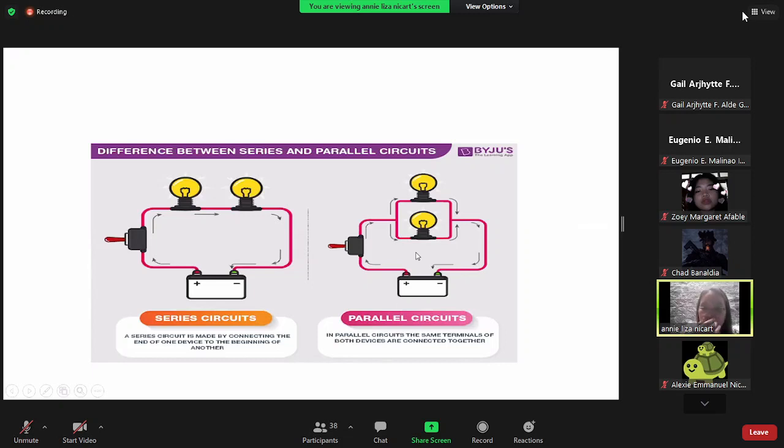Okay, so aside from that, what are the other differences between series and parallel circuit connections? Which do you think glows brighter here? Granted that the bulbs are the same, with the same wattage, two connected in series and two connected in parallel.